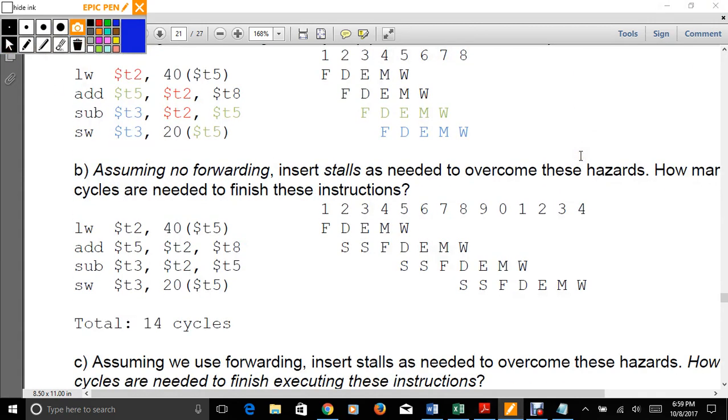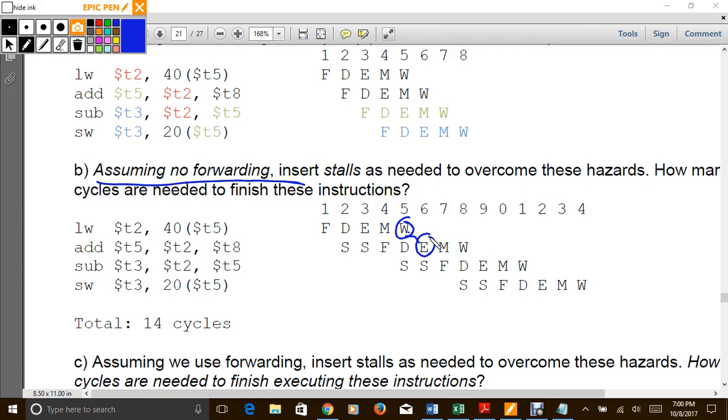So, assuming no forwarding, how many stalls do we need to insert? Here's how we calculate this portion. The value that's been updated is written to the registers and then can be put onto the arithmetic logic unit in the next instruction.